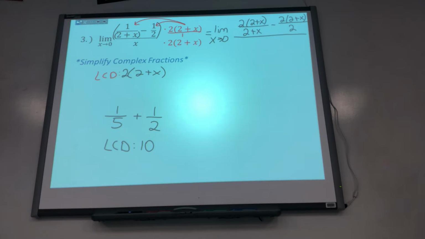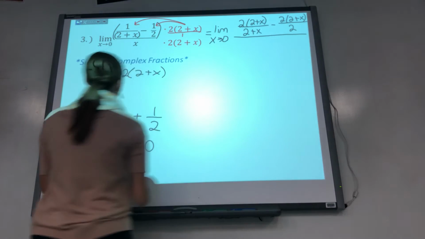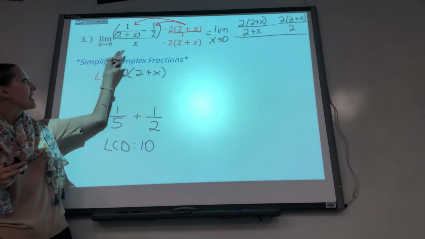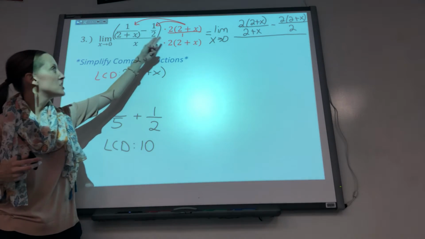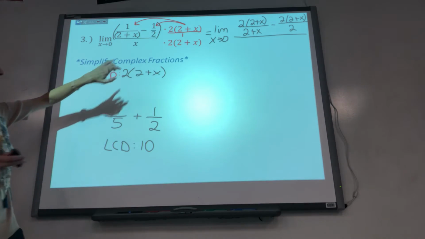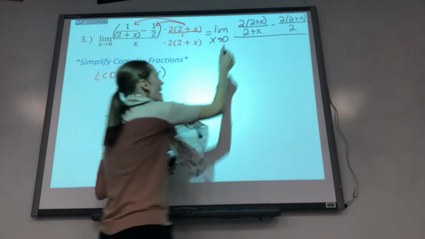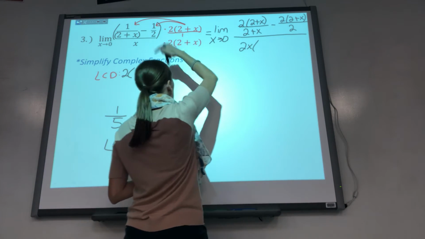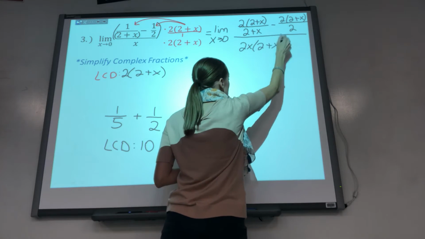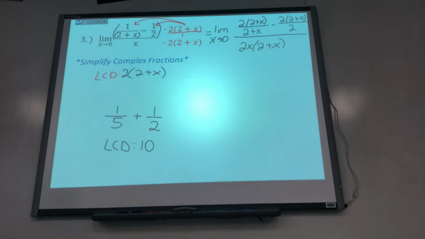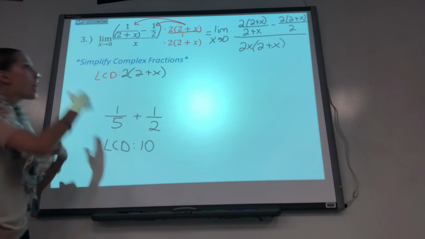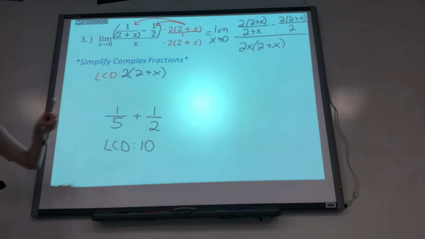If you go ahead and do the bottom, all you're doing on bottom is taking x times 2 plus x. I may just take the x times the 2 and write it as 2x times 2 plus x. I'm not really going to worry about distributing the 2x right now because, like what happened on the last complicated limit problem, number 1, you'll end up getting something to cross out.